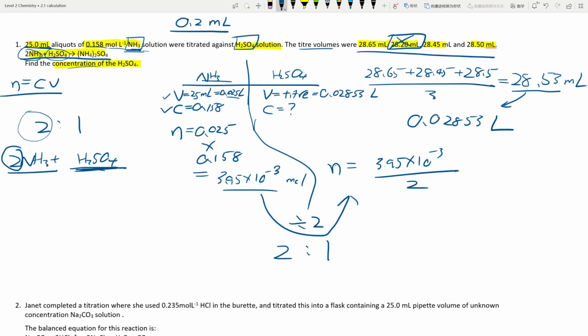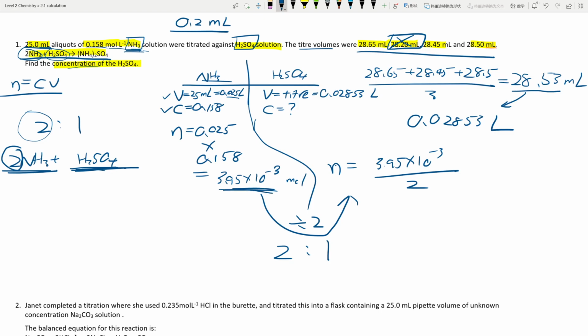Or you can think of the H2SO4 in this case. 1 mole of H2SO4 requires 2 moles of NH3 to neutralize, and it doesn't matter how you figure it out, because with ratios there are multiple ways, different people think of it differently, but this is what works for me. 2 moles of NH3, 1 mole of H2SO4.